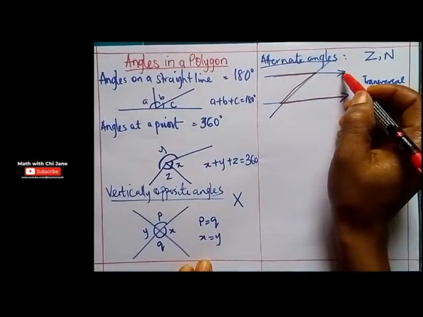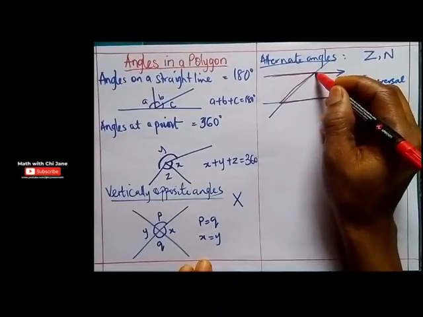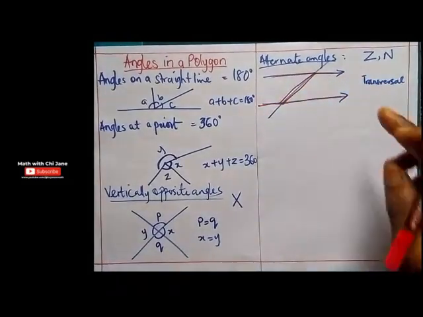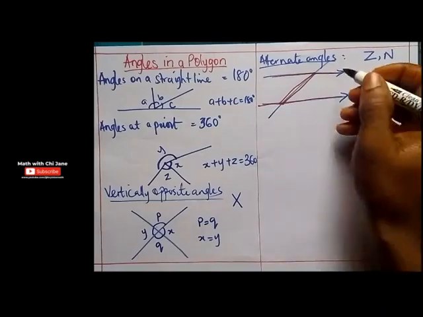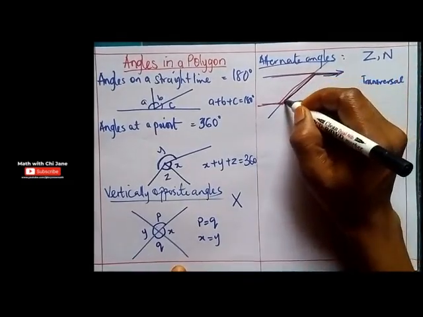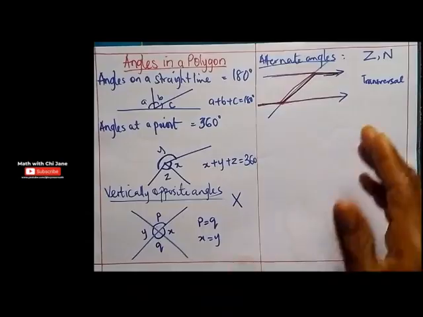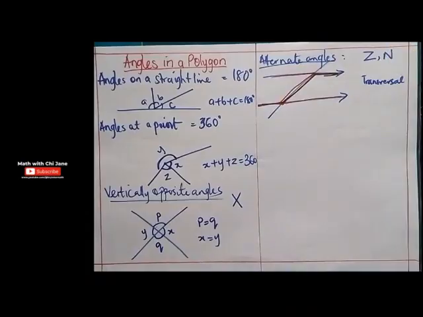It can also go in the opposite direction, from the letter Z, going the opposite direction like this. It can be facing this way, the normal Z. Then if you turn it the other way, that's where it forms the letter N.